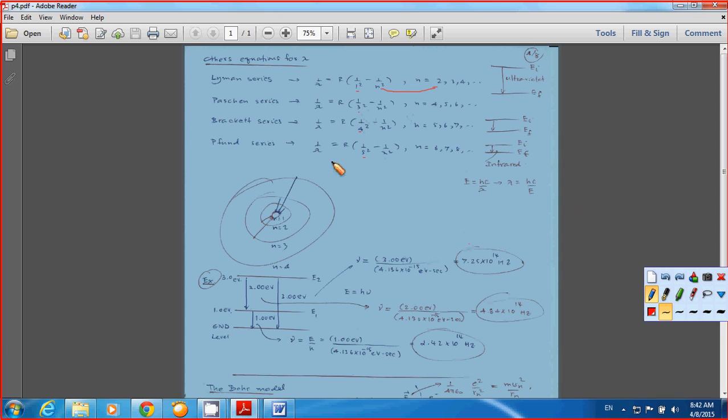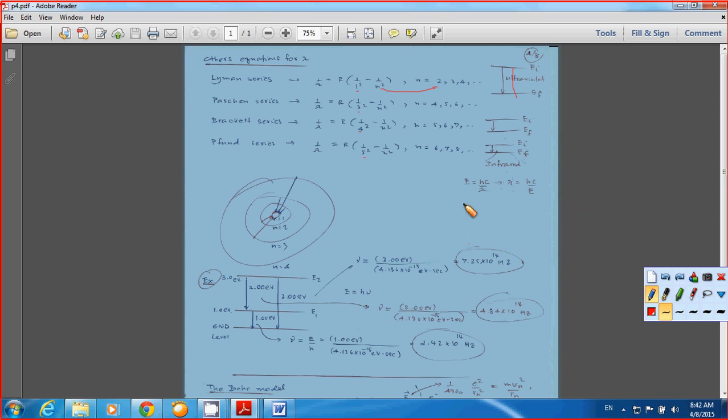And the Lyman series is going to cover ultraviolet, because you have the wider energy band gap here, and the rest only cover infrared.